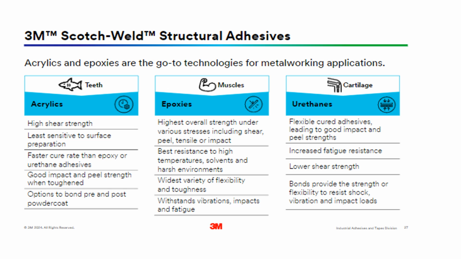3M has 3 different types of structural adhesives. You have your acrylics, your epoxies, and your urethanes. Epoxies were the original 2-part structural adhesive, so a lot of our customers and contacts that we're calling on will refer to a 2-part structural adhesive as an epoxy, but they may not mean that they need an epoxy 2-part structural adhesive.